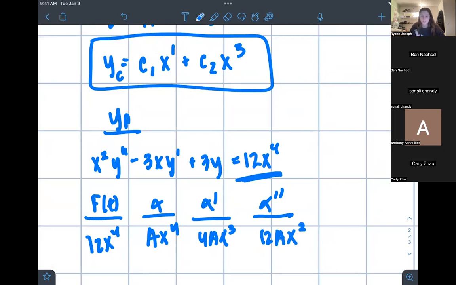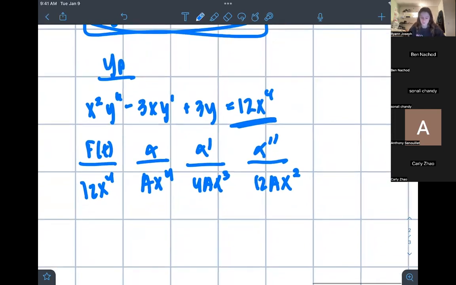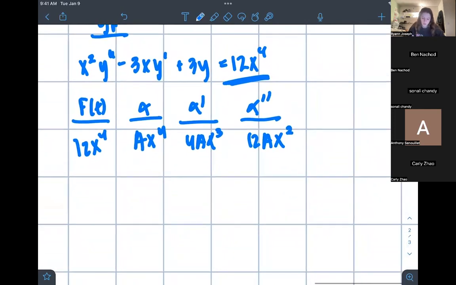We're good with this guess because it doesn't overlap with our complementary solution. Again, if this was 4 or this was 4, we would have to make this a higher power. So if one of these were 4, I would do a x to the fifth, yes. So just be 1 power higher.